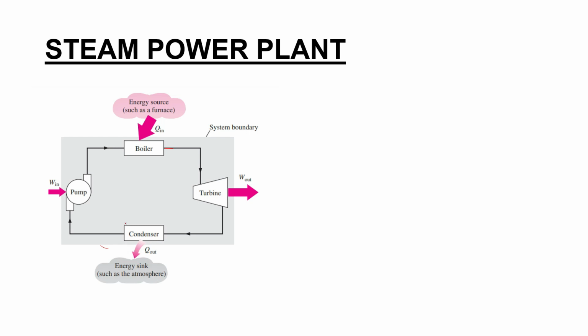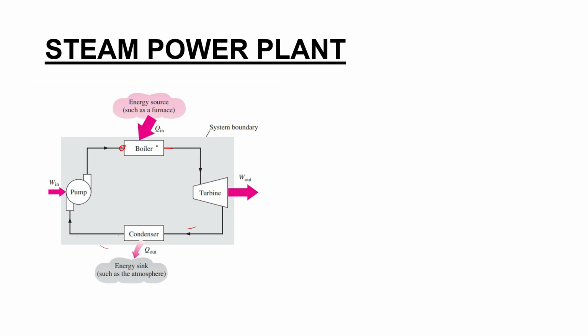Then this water is pumped back to the boiler. In order to pump it back, you need to supply work, that is W in. This completes a cycle, because initially the water was a liquid, and after all these processes it comes back to its initial state.